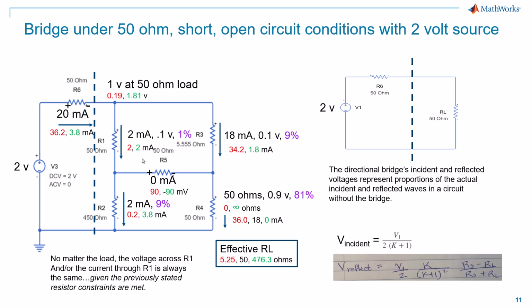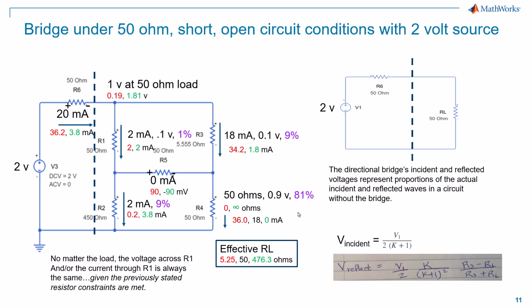And then the purple numbers that I've shown here, I haven't talked about those yet. That's just the percentage of the power that's going to be dissipated, compared to bridge balance, using this scaling scheme. If you got 0.9 volts versus 1 volt, you're getting 81% of the power, since 0.9 times 0.9 is 0.81.